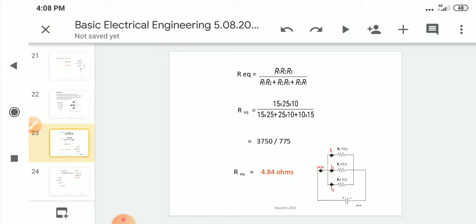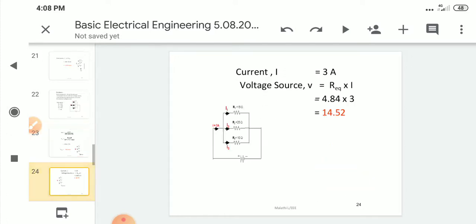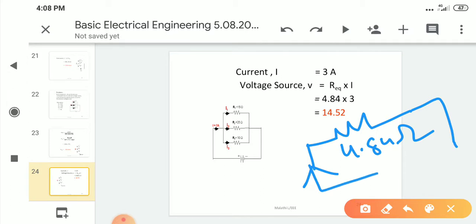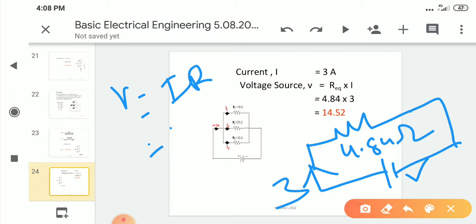By using this, we simply replace our circuit by 4.84 ohms. Here the current flowing is 3. So according to Ohm's law, V is equal to IR. Here I is equal to 3, R is equal to 4.84, which gives 14.52 as the final answer.